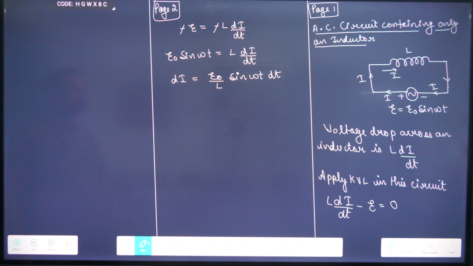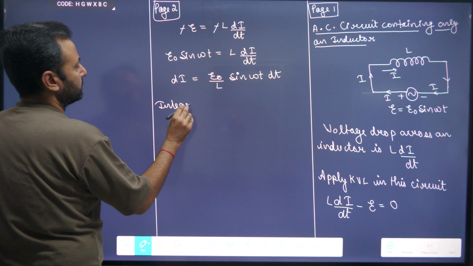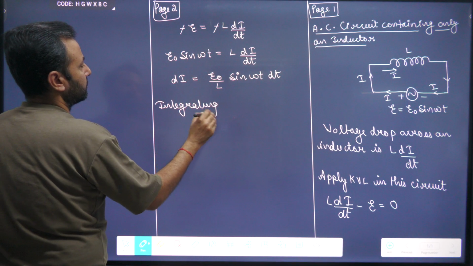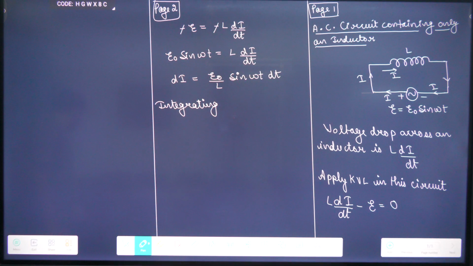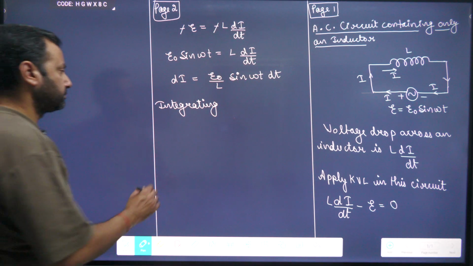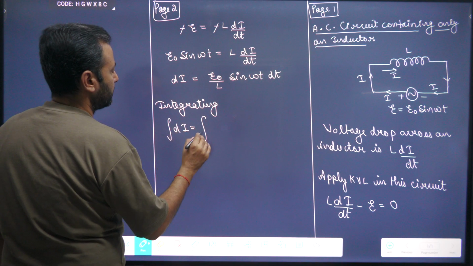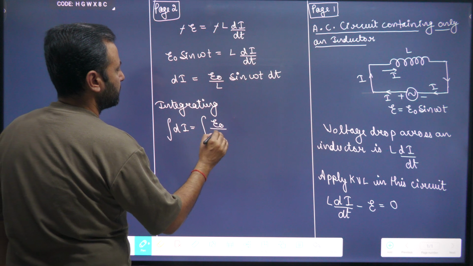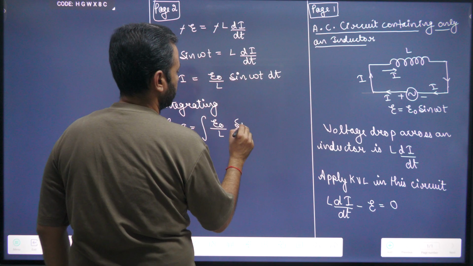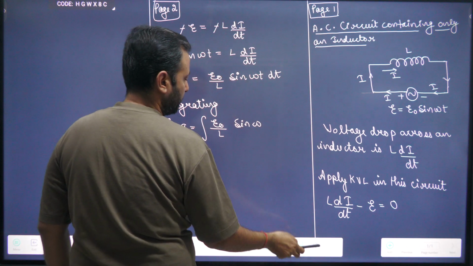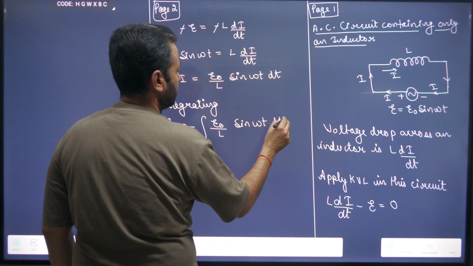Now we are integrating this equation. Integration of di is equal to integration of E naught upon L sine omega t dt.